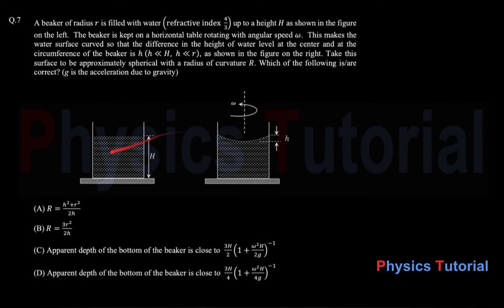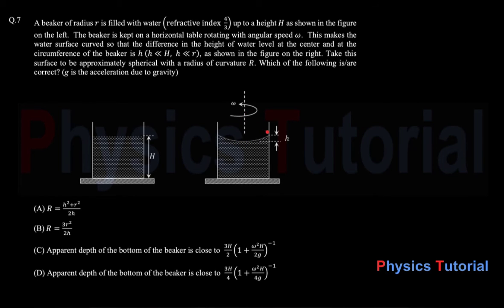So let's see. To find this capital R, if you go for the A and B options, capital R is the radius. This surface is approximately spherical with a radius of curvature capital R. You have to assume that. Think of this as one surface of a sphere, considered as a circle, and somewhere the center will be there.